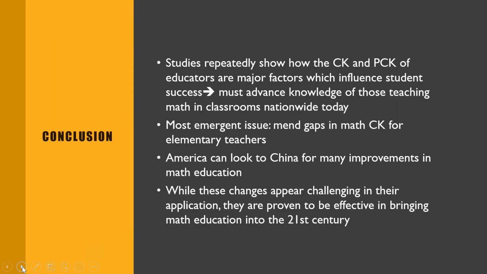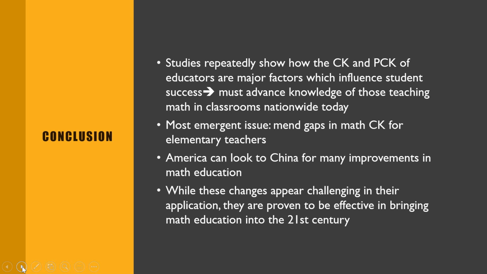So, in conclusion, evidently, there are many issues with the way schools in the U.S. educate their math teachers, along with how they deliver math lessons, ultimately causing them to rank so poorly on the international scale. As we have seen, studies repeatedly show how the CK and PCK of educators are major factors which influence student success.